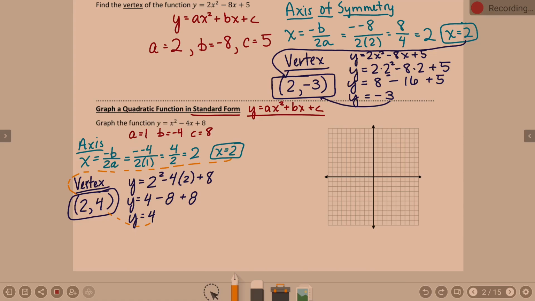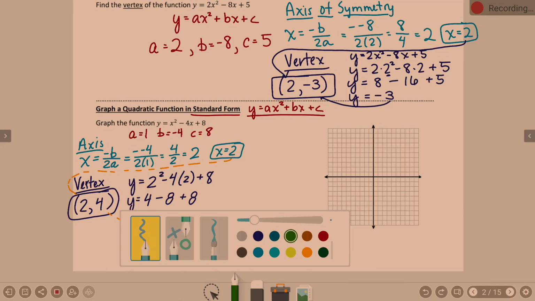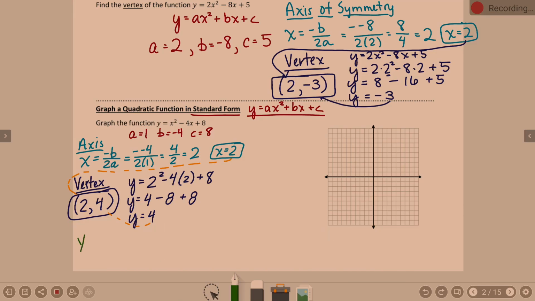Okay, I'm not going to say you have to have like 5 total points, but if you know your vertex and at least one other point, then we can find a pair and we can make that work. An easy way in this problem, it's not the only way, but an easy option is to talk about your y-intercept. Okay, so let's talk about the y-intercept for a moment.